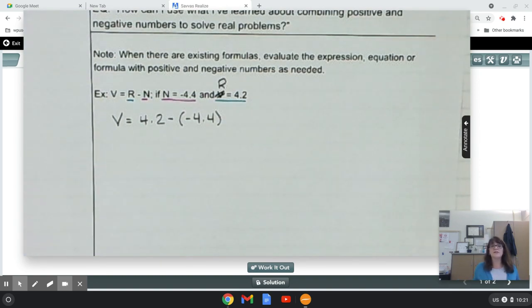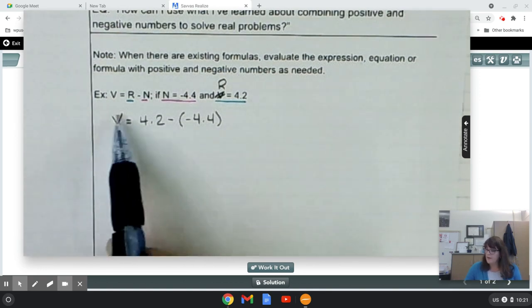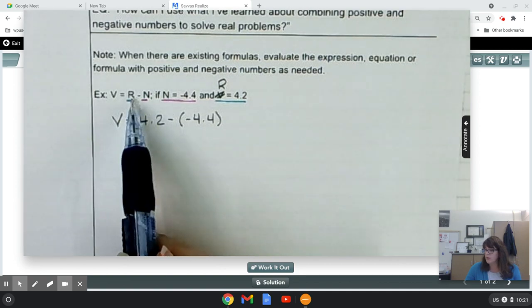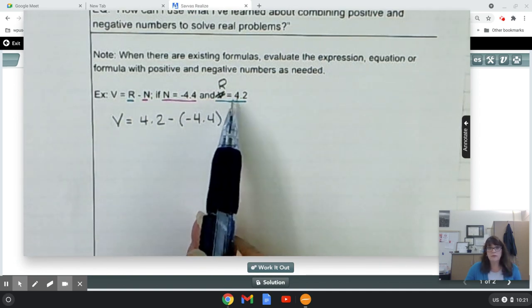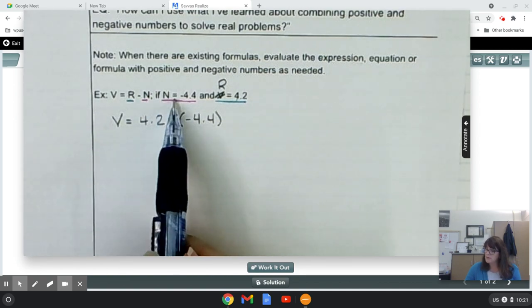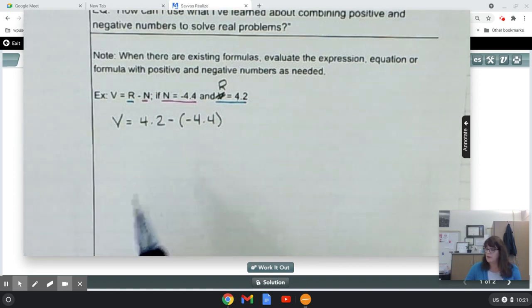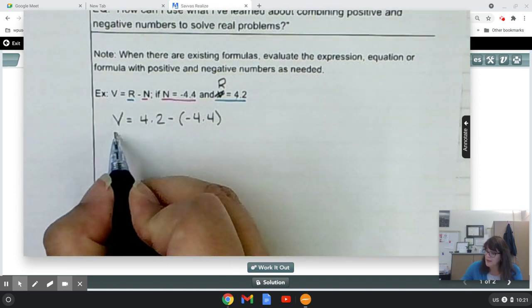So how different is it? How weird was this temperature? Okay. Variation is recorded minus normal. Okay. Now we just do the calculation.